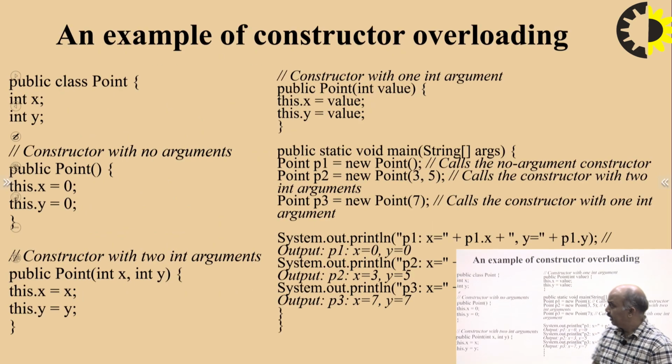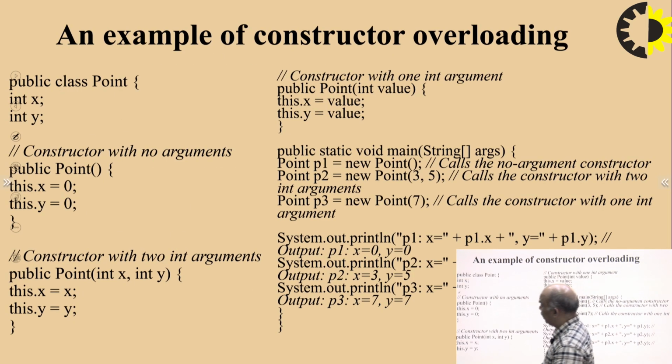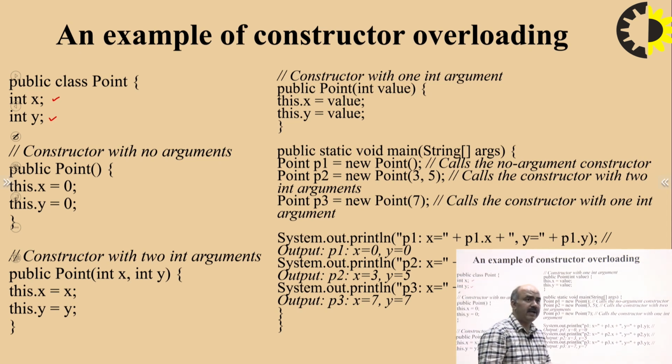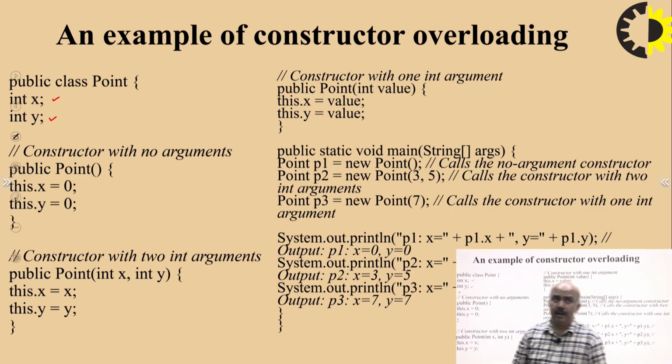So here is the example we are creating: a public class Point, with int x and int y, two values of integer type defined.